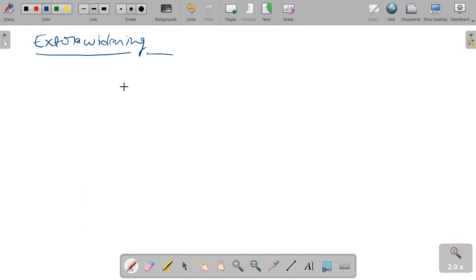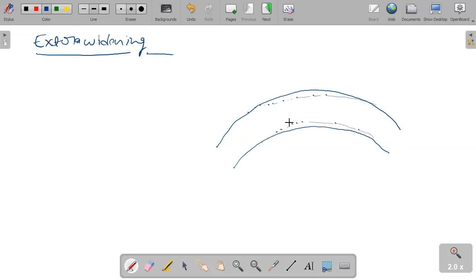What is extra widening? Let's draw a diagram for better understanding. Something like this, and this is our real expected curve. This distance is denoted by We.